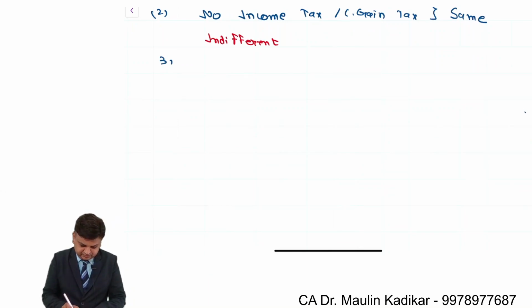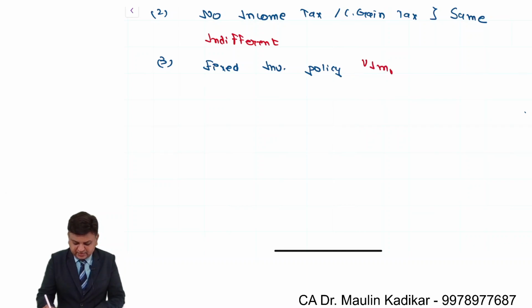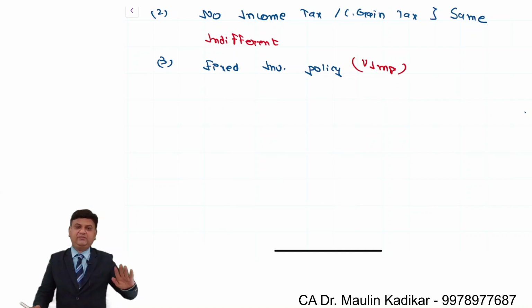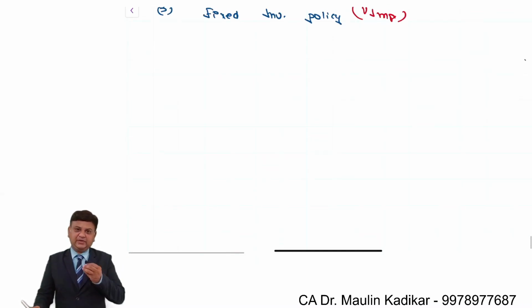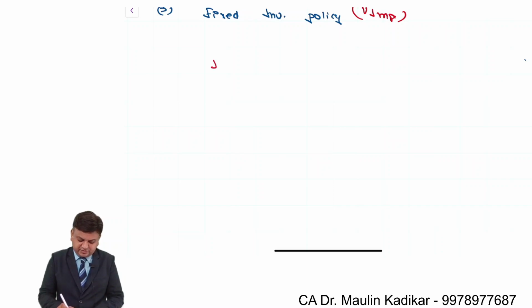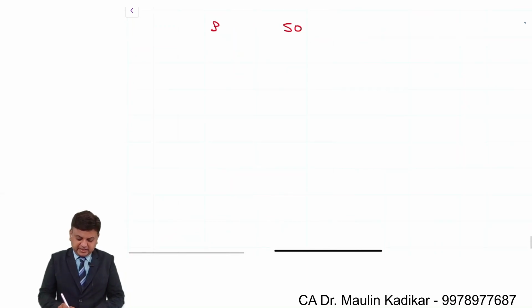Third assumption, fixed investment policy. This is very important. The assumption is made that the companies are going to have the same investment policy irrespective of the payment of equity dividend. Let us say, for example, the profit of the company is 50 lakhs, and the company is going to expand its business by an amount of 75 lakhs.